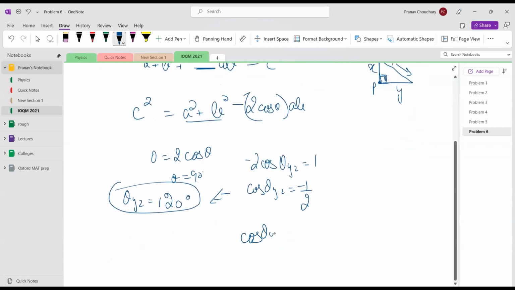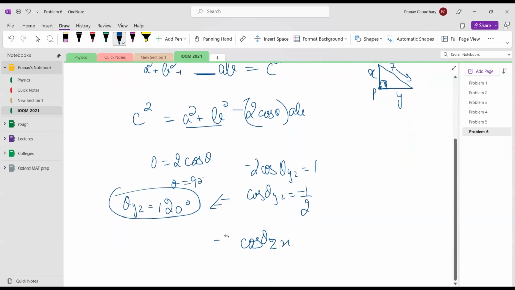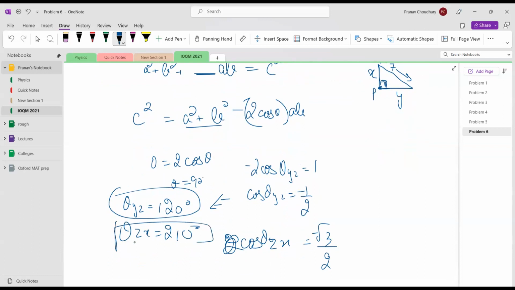And you'll also get from this thing, zx is root 3, which means cosine theta zx is minus root 3 by 2, which gives theta zx to be equal to 150 degrees. And theta xy equals 90 degrees.